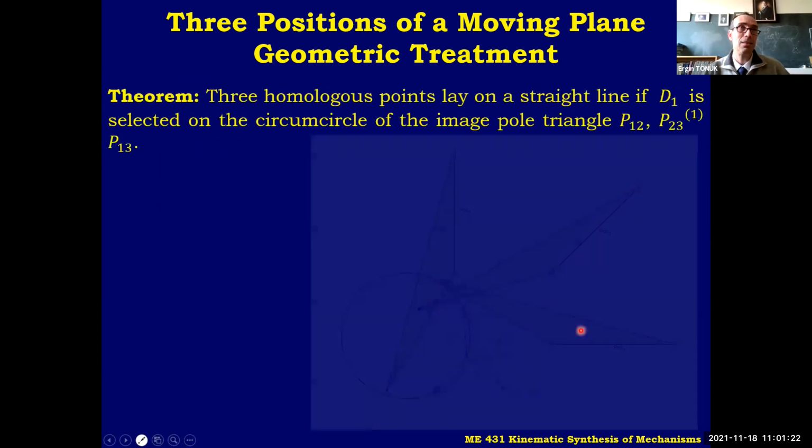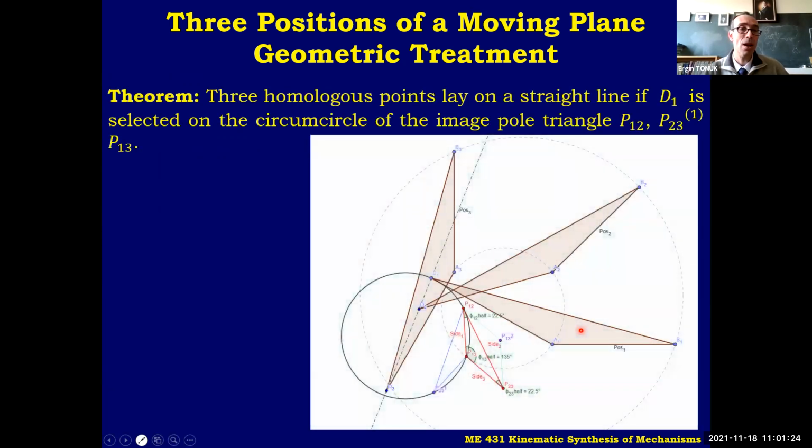We have another very useful theorem. 3 homologous points lie on a straight line if D1 is selected on the circumcircle of the image pole triangle. So that's another use of image pole triangle. For example, here we use the image pole triangle in position 1.